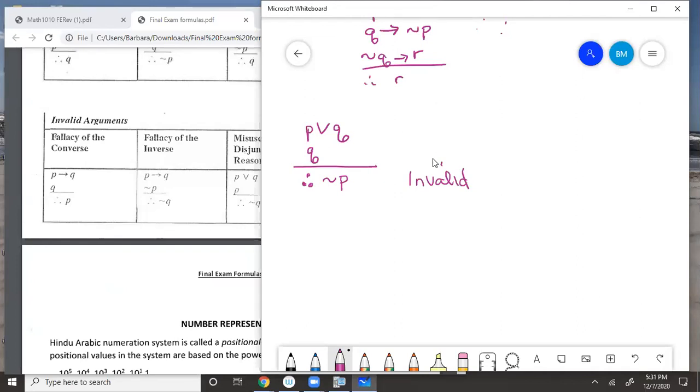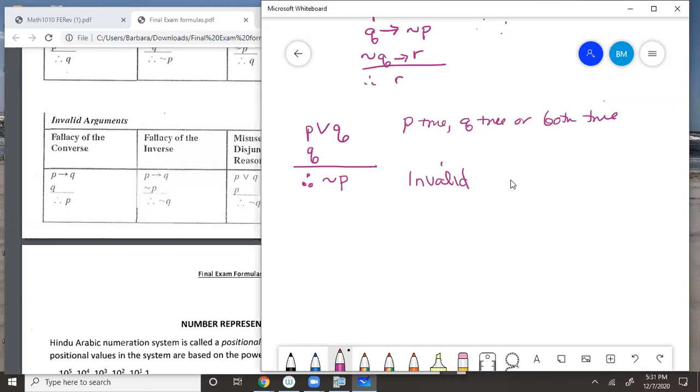So just because Q is true, it doesn't mean the other one is false, because it means that either one is true or both are true. So we can never say the other one is false. That's why you can never say one of them is false.